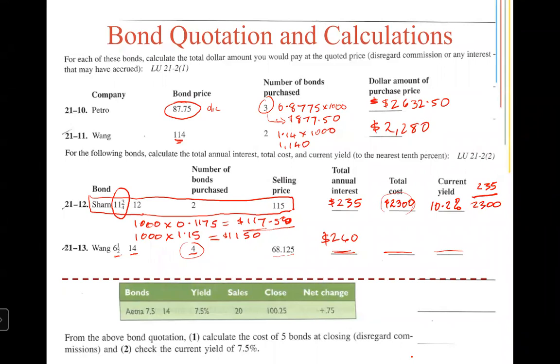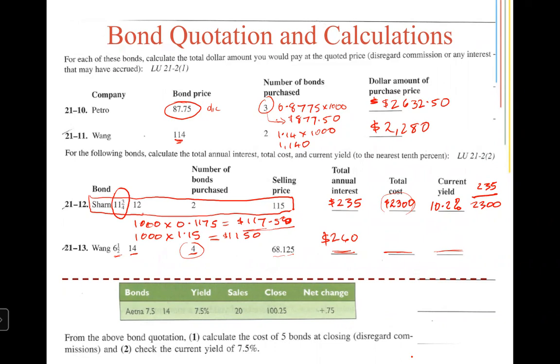All right. So now the next part, Miss Roll, are you there? You can tell me now what you got for the total cost. How are you going to work that out? First, you have to find the cost of one. So for the total cost, I did the times of the bond, 1,000 times 0.68125, and I got 681.25 for one bond.